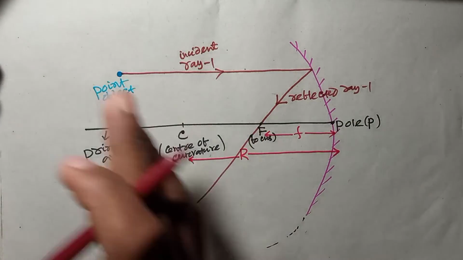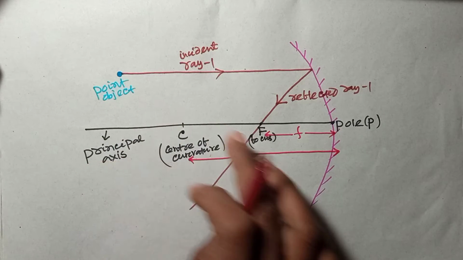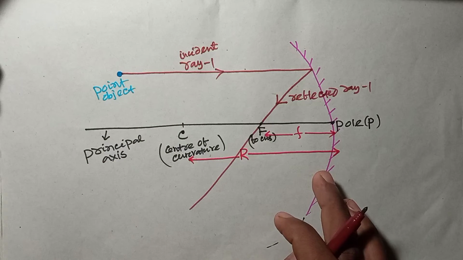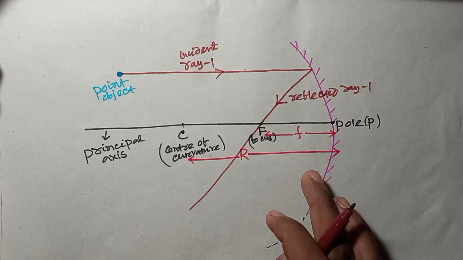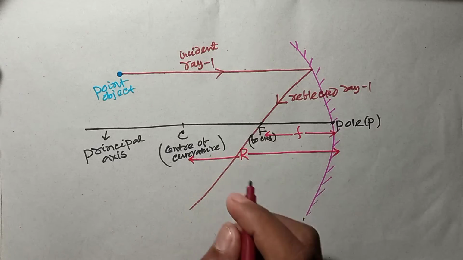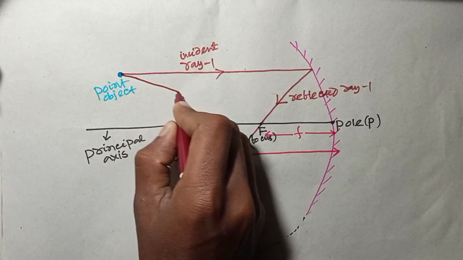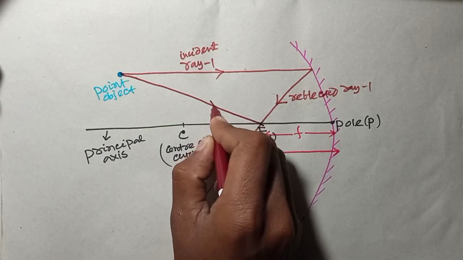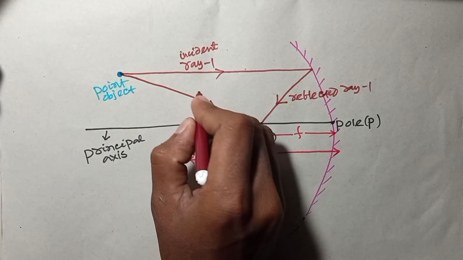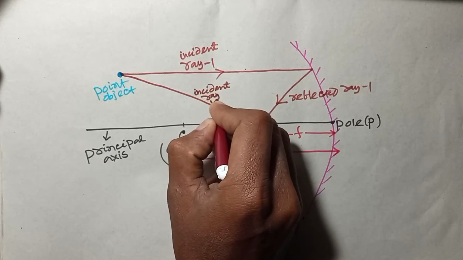Alright, so as we know that in order to determine the position of the image we need 2 reflected rays, we have to draw another reflected ray. Okay, so let another incident ray pass through the focus. Okay, let's say this is the other incident ray number 2.